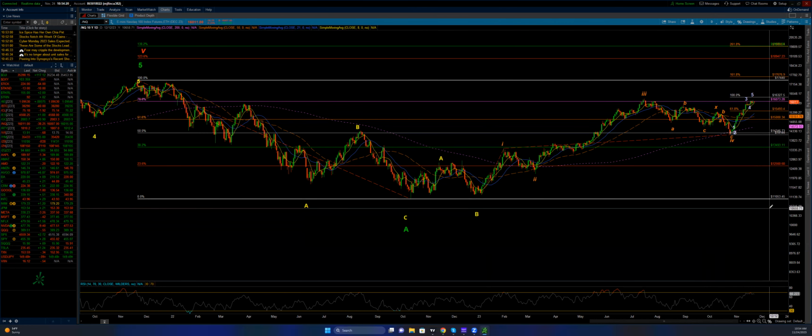And then here's the kick. What comes next is, because that would finish a cycle degree A wave. Whatever we end up down here, I'm looking that completes a cycle A wave, then a cycle B wave. Cut away, Fed. Cut those interest rates. Give a launch to this effort in a cycle degree B wave.